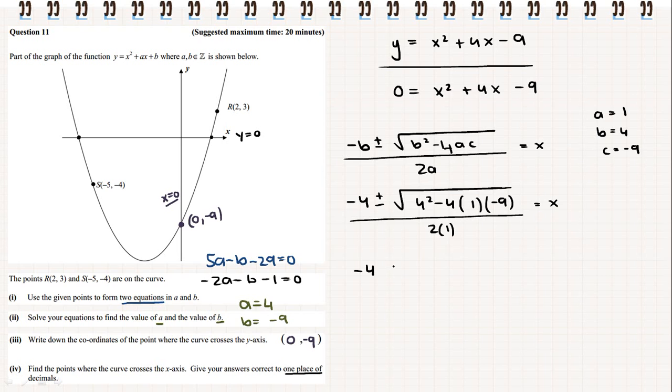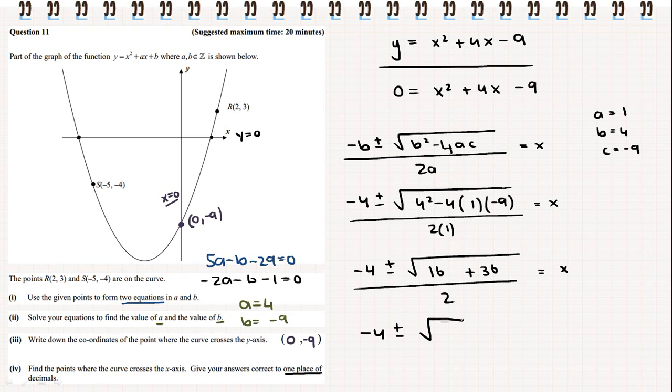So next line we have minus 4 plus or minus the square root of 4 squared, which is 16, minus 4 multiplied by 1 multiplied by minus 9, which is going to give us plus 36, and that's all over 2. So our next line we have minus 4 plus or minus the square root of 52 over 2.